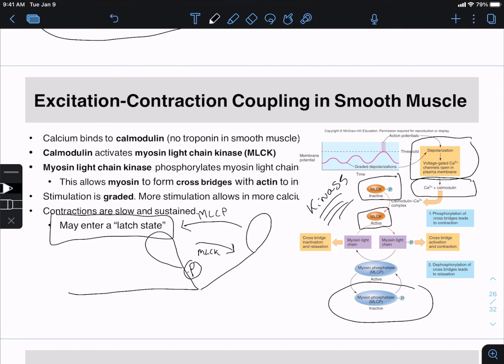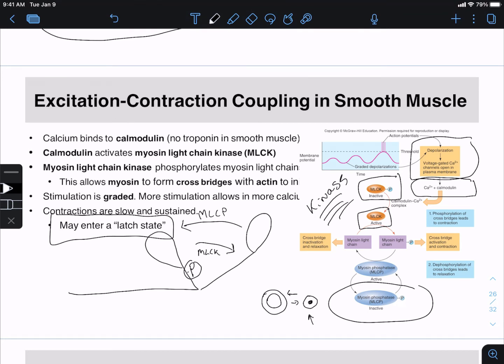We see this in things like sphincters, which are designed to maintain contraction for a longer period of time. So a sphincter, of course, is usually a ring-like structure with smooth muscle around like so, and it closes down through the contraction of those muscles and opens when those muscles are relaxed, and that's regulated by the nervous system.